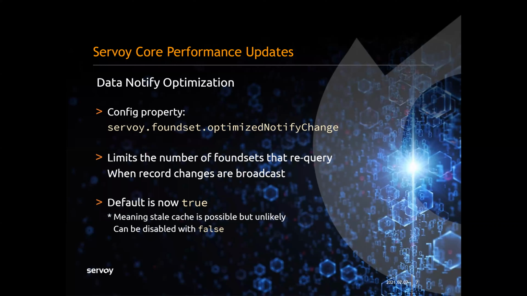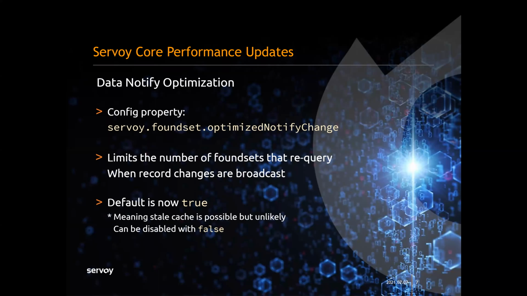That's Servoy data broadcasting, one of our really nice features. That does have an overhead because the client has to figure out which found sets to update, so which ones could have that record. We have greatly optimized how that works, limiting the number of checks that it needs to make when that happens.